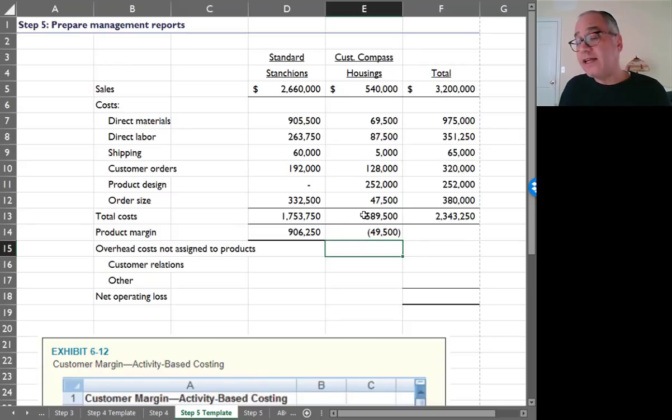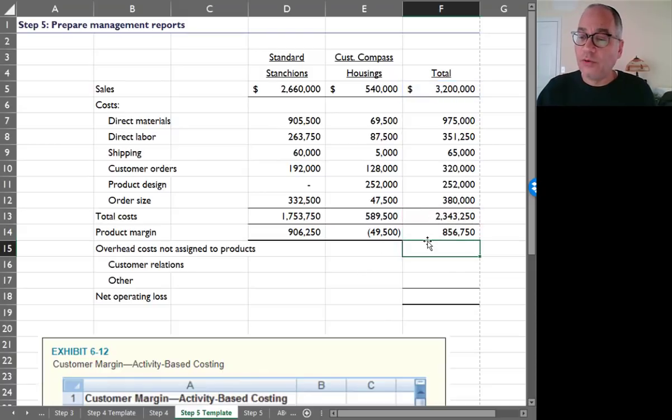And we get a negative product margin on custom compass housings. Now, whenever you're looking at these things, remember that it's one thing to add this up in a nice spreadsheet. It's another thing to look at it and say what's going on. And when you look at this, you're like, wow, we're losing money on custom compass housings. We make a lot of money, $906,000 on standard stanchions, but we're losing money on custom compass housings.